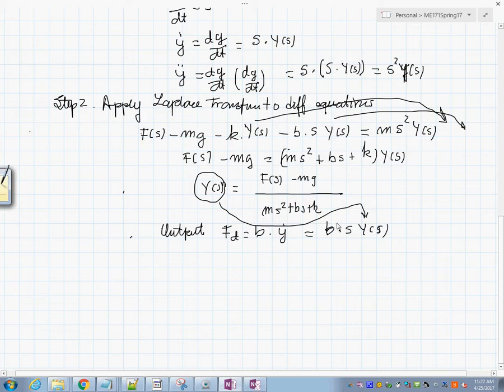So if we substitute this into here, you're going to have that Fd is equal to B times S times this, F of S minus Mg, divided by Ms squared plus Bs plus K. Okay?